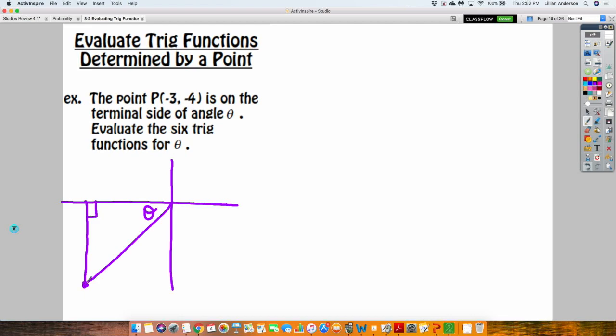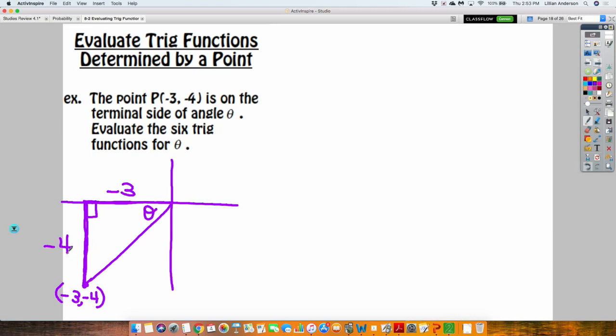Now, because this is the point negative 3 comma negative 4, I already know the 2 legs of this right triangle. Because remember, I went over from the origin to get to the point negative 3 and down to negative 4. So the point actually gives you your 2 sides of your right triangle.